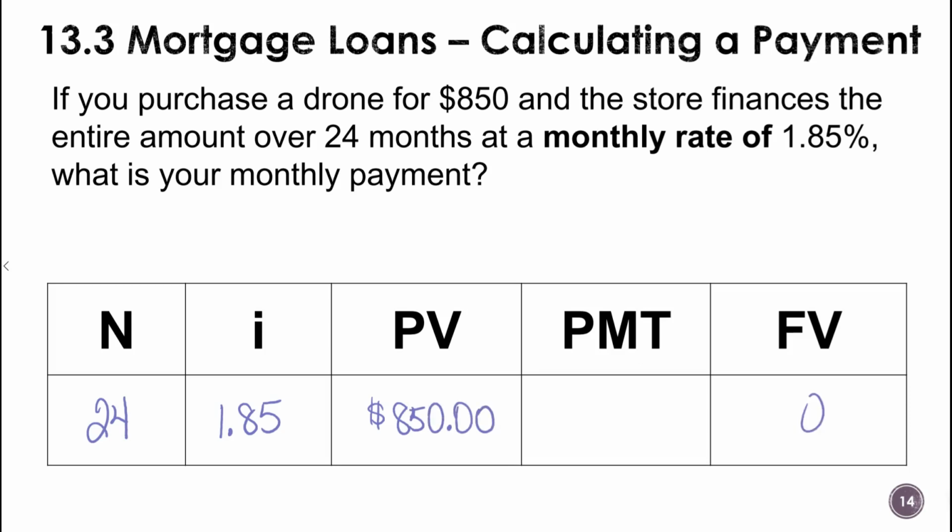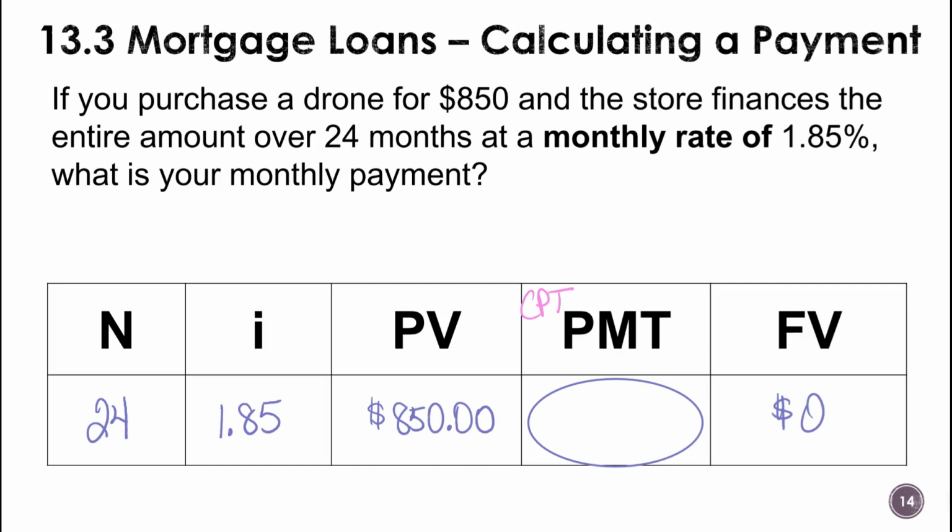Our future value will be 0 because we're going to pay off the loan. So we're going to compute our payment. Now you guys, you just have to be careful and read directions on this so that you're not multiplying the number of months or dividing your interest rate because they're already monthly, right? They're already telling you the number of months and the monthly rate.